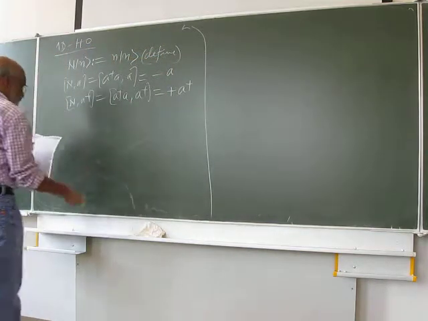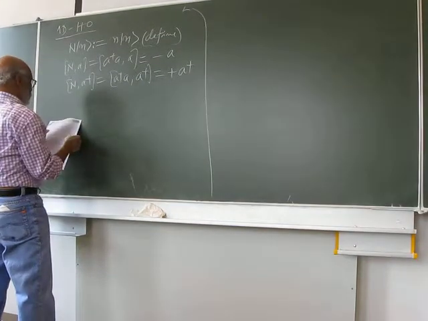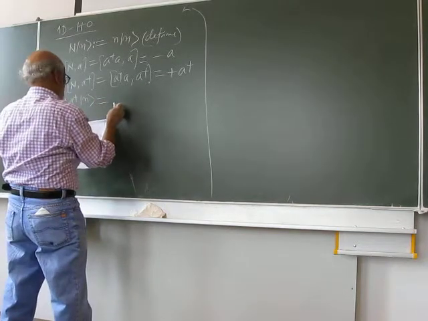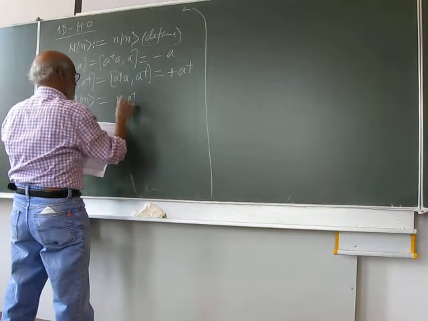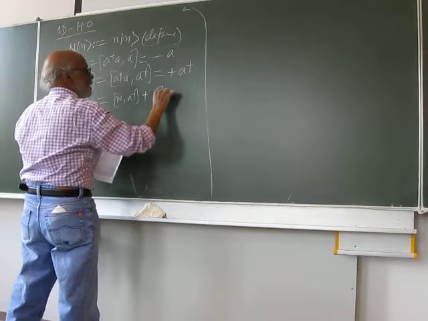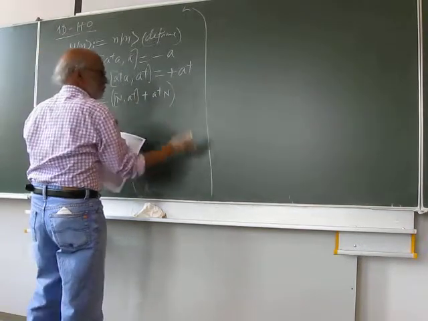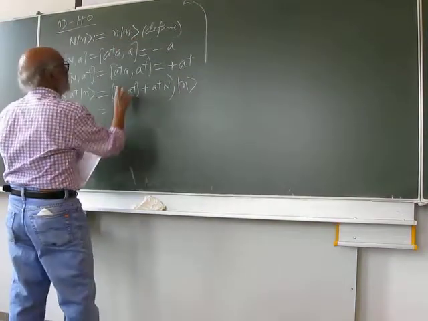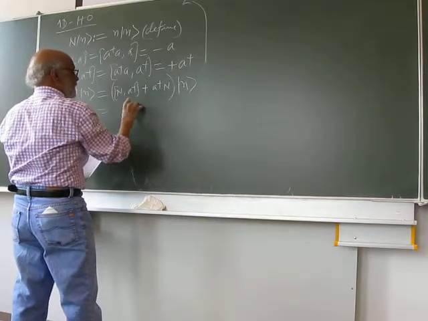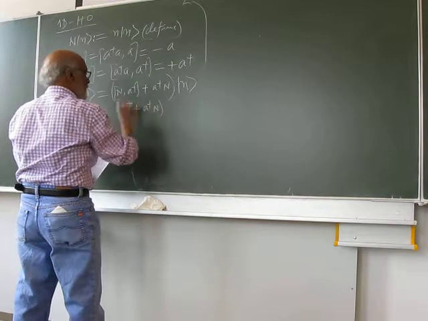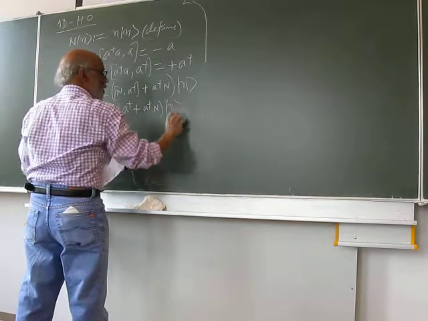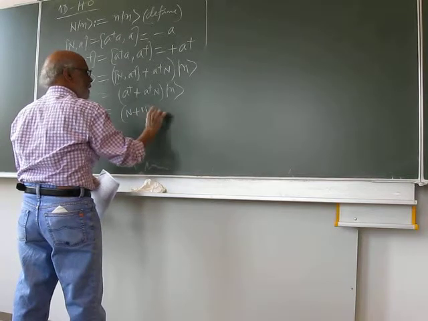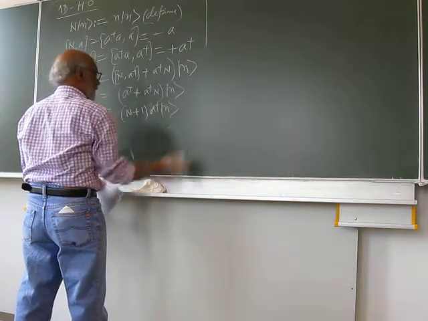Alright? So this is all bosonic, and here you can prove that n acting on A dagger n is A dagger n plus A dagger n, that is, n times A dagger n gives n plus 1 times A dagger n.